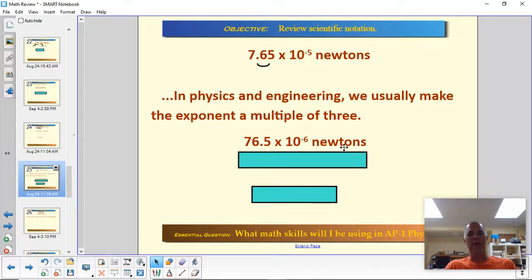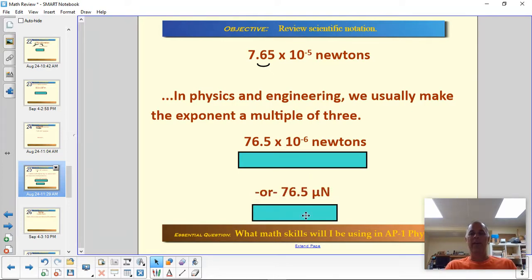Now, why do we do that? Well, it turns out that we have a prefix which represents 10 to the minus 6. This is 1/1,000,000th. And as you may recall from the other day, that is a micronewton. So 10 to the minus 6 newtons is a micronewton, and we have 76.5 of them.